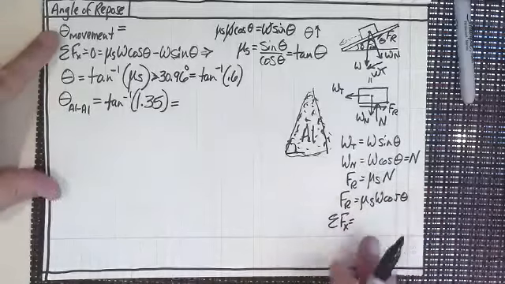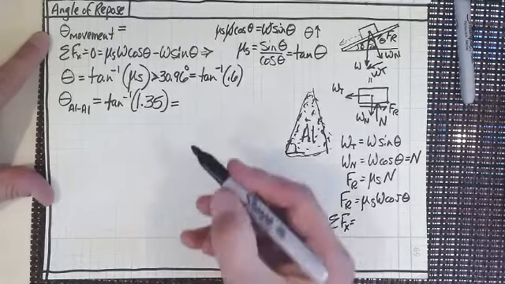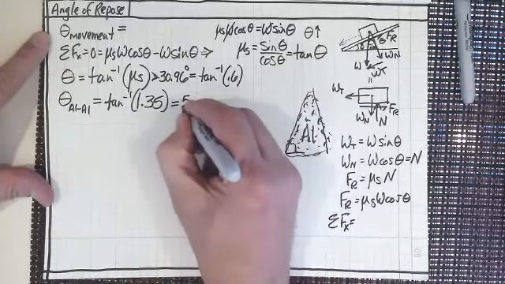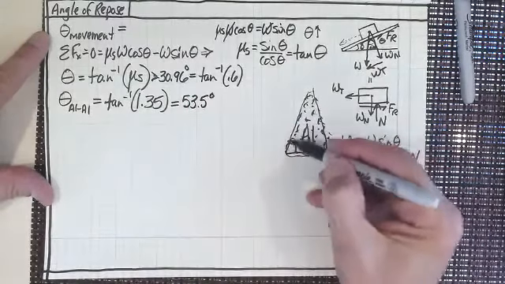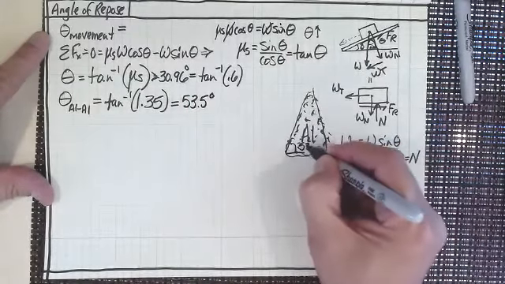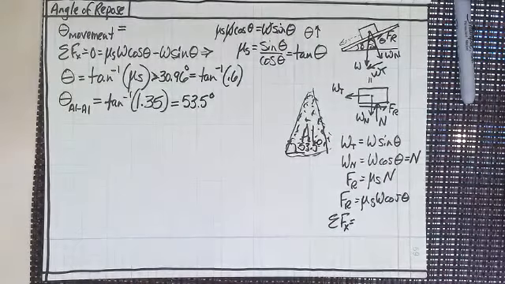If this was aluminum, what would the angle on that pile be? That angle right there is the angle that I'm talking about, and it would be greater than 45 degrees. So the inverse tangent of 1.35 is 53.5 degrees. So this angle right here would be 53.5 degrees. I can't see that too well, maybe, but maybe you can.